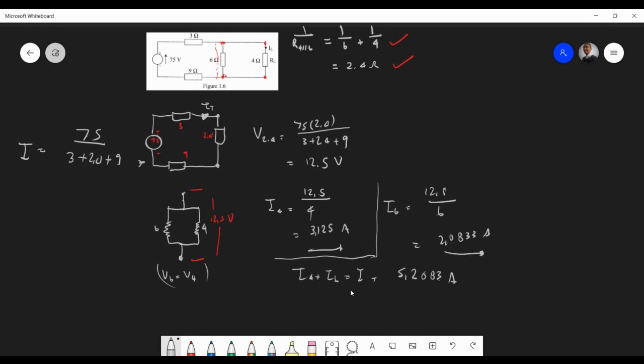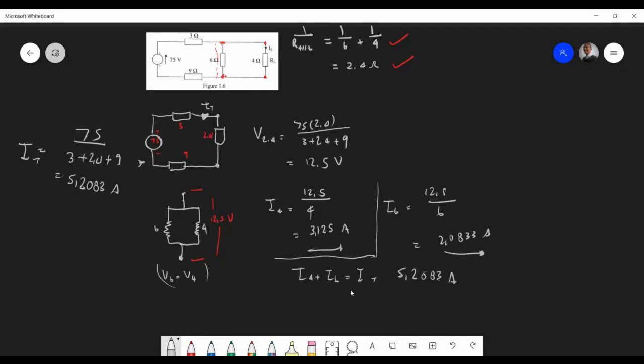I know I'm supposed to be talking about voltage division, but I want to show you how you can view it to make sure that everything makes sense. You guys see that? So that's the total current, two different ways. Is everyone on the same page?